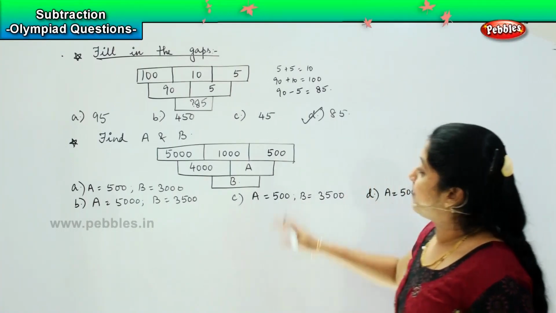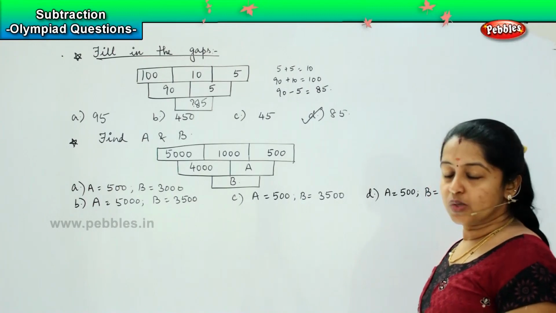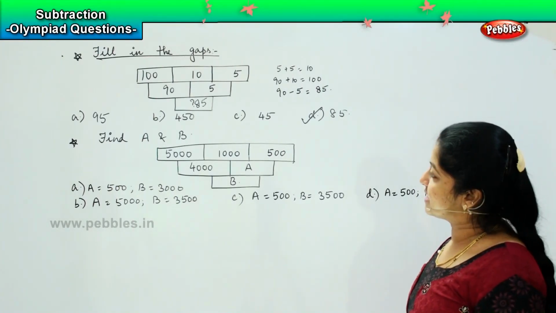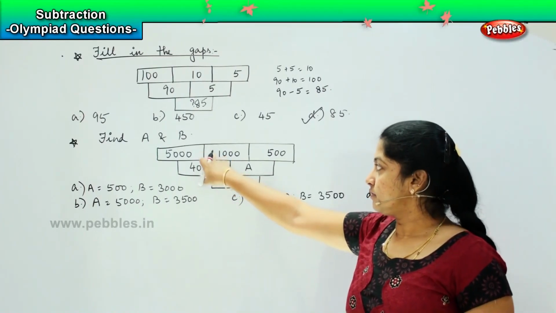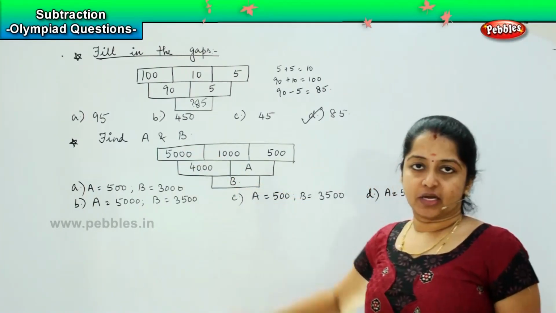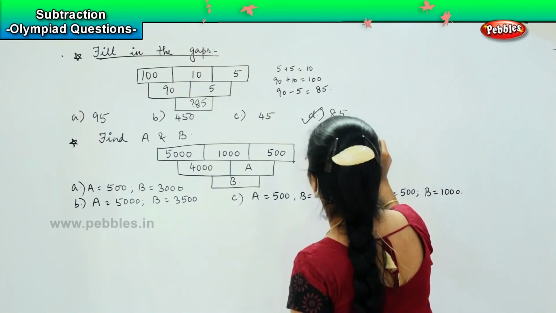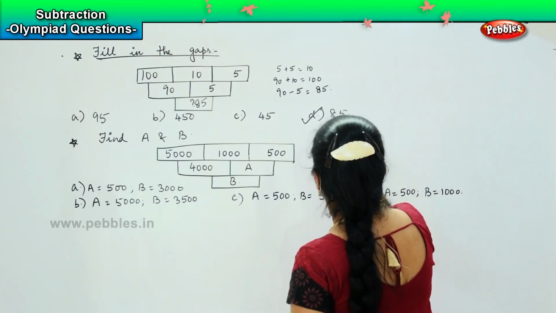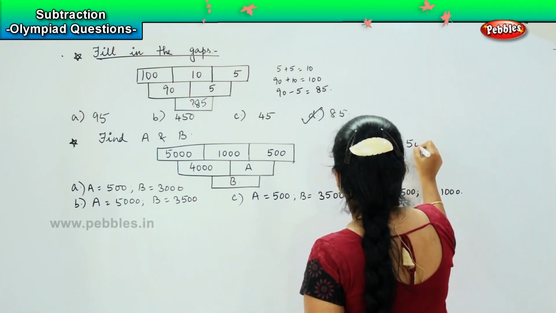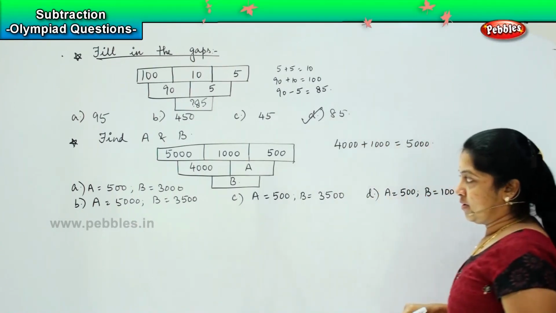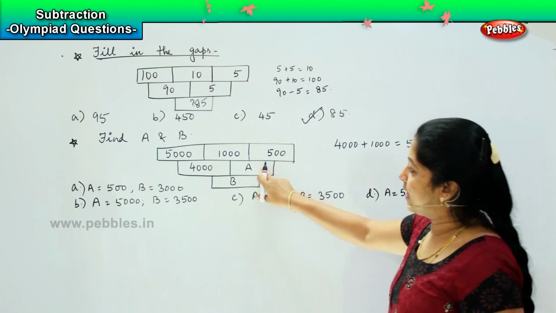Now just see the pattern again. 5,000, 1,000, 500. Observe the same pattern. 4,000 plus 1,000 makes it 5,000. Clear? So similarly, what will come here?